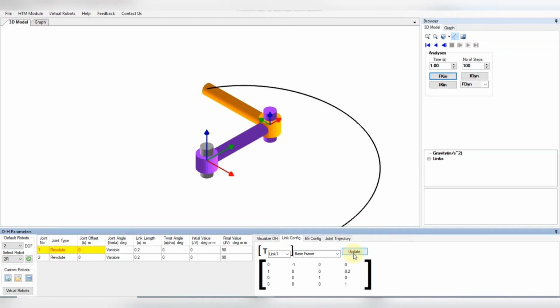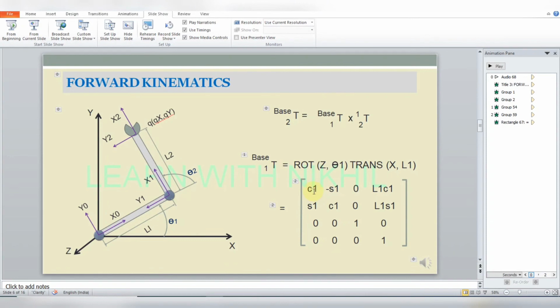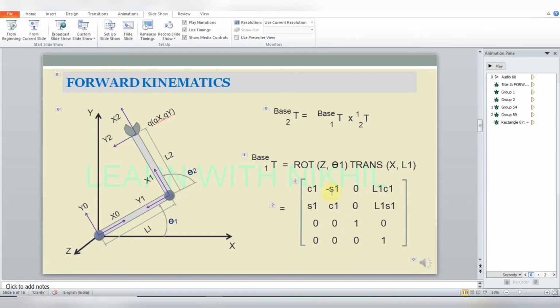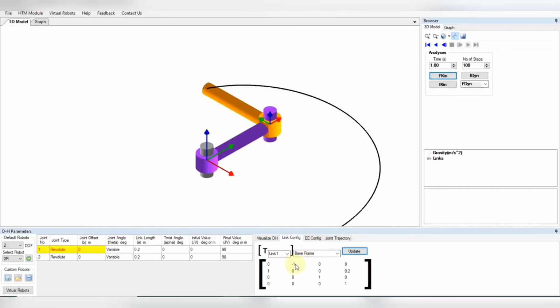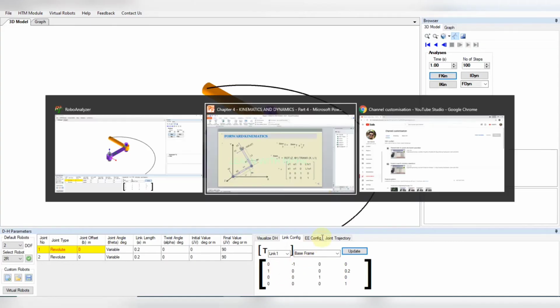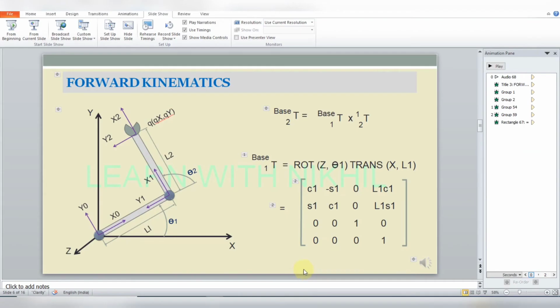If I click on update, this is cos 90, minus sin 90, sin 90 and cos 90. The value of cos 90 is 0 and sin 90 is 1, so it is minus 1, here it will be 1, and cos 90 is 0, so here it is 0.